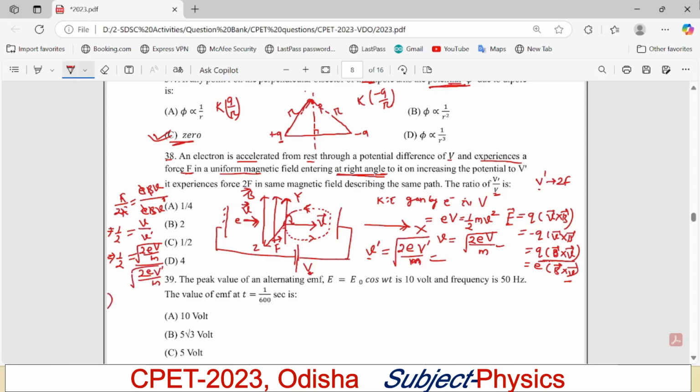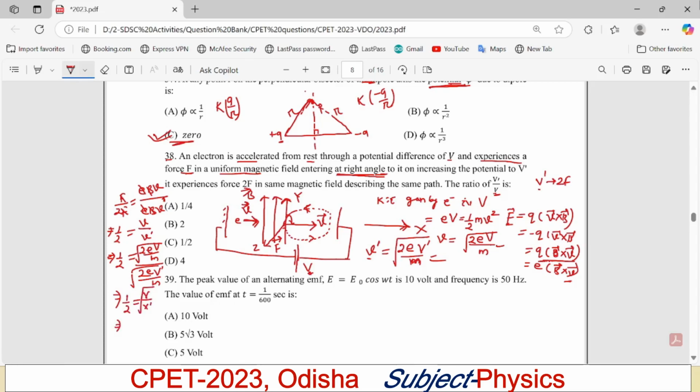So here you can see 1 by 2 is equal to root of V by V dash, everything else cancelled out.